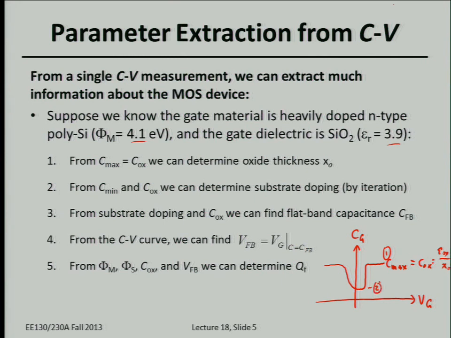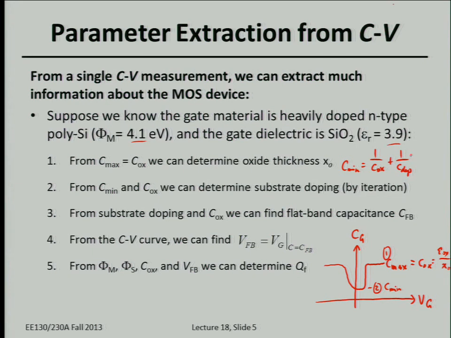Then from the minimum capacitance, we can determine the dopant concentration. So what is this capacitance here? Let me write the equation. C min equals 1 over Cox, which you already deduced, plus 1 over C depletion, the maximum depletion depth.